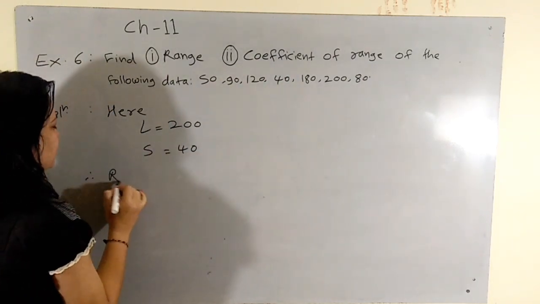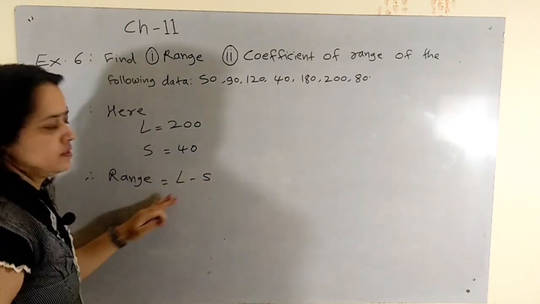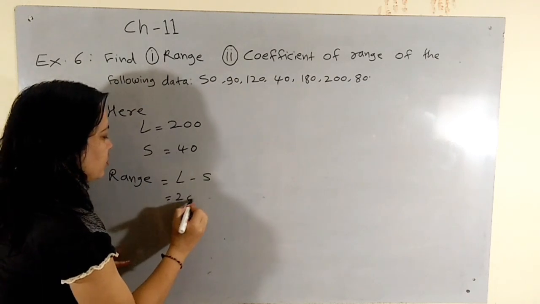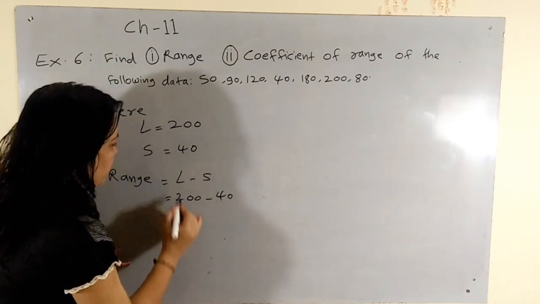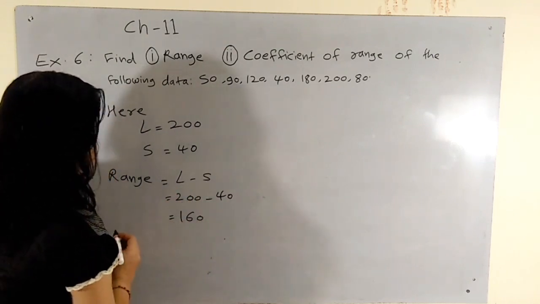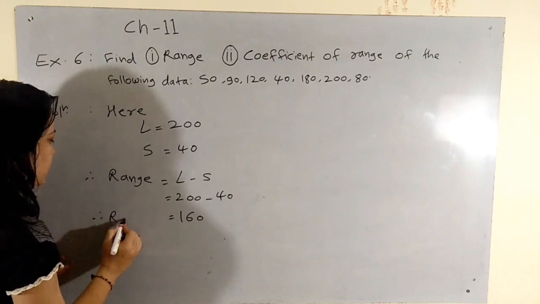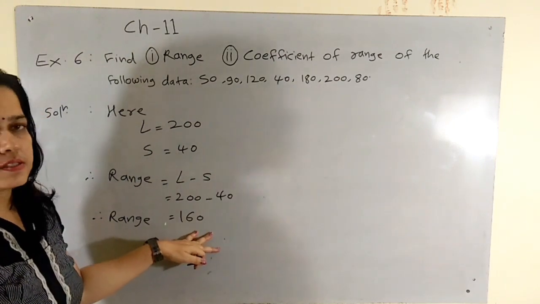Therefore range is equal to L minus S. L is equal to 200 minus S is equal to 40. Therefore range is equal to 160.